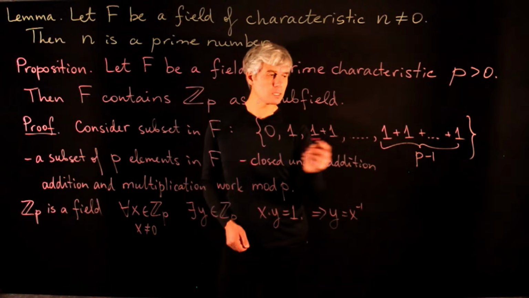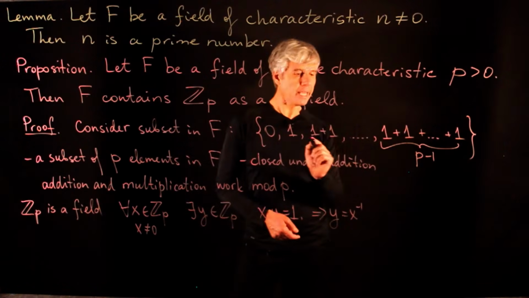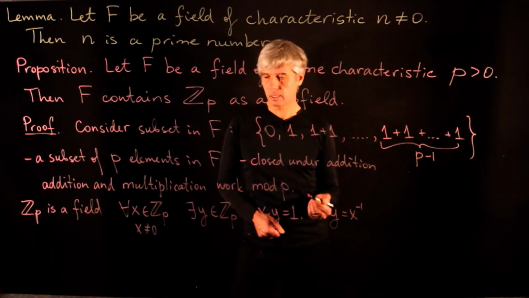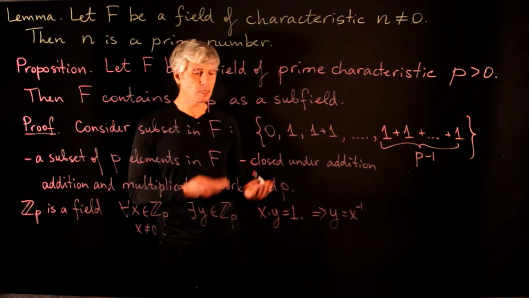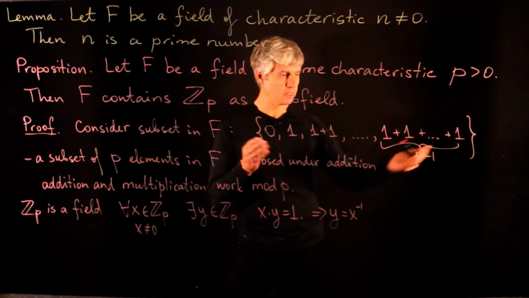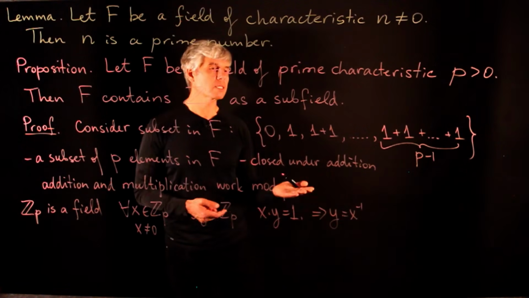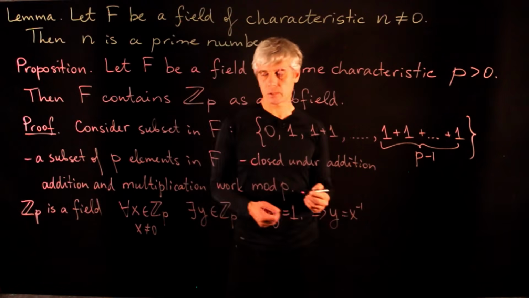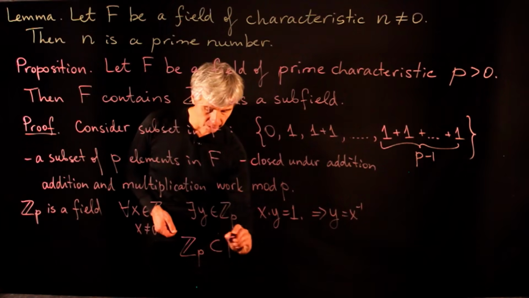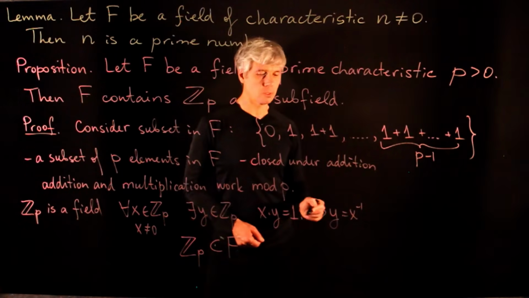And so because we know that Zp is a field, we know that this set is closed under multiplicative inverses as well. And so what we can see here is that inside this field F, we have a subset that behaves like a field Zp. And that's exactly what we call a subfield, right? So here, what we proved is that inside F, we have a subset which is Zp. And so these are just multiples of 1.